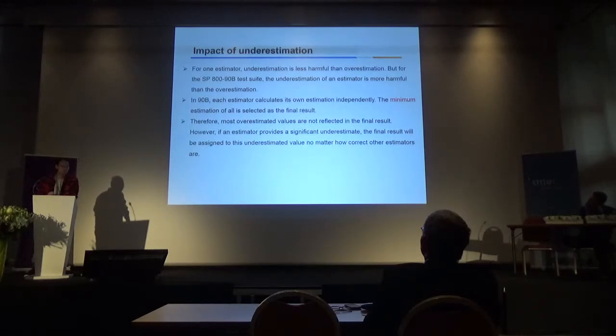So the minimum estimation of all is selected as the final result. That is to say, most overestimated values are not reflected in the final result. However, if an estimator provides a significant underestimation, the final result will be assigned to this underestimated value, no matter how correct the other estimators are.